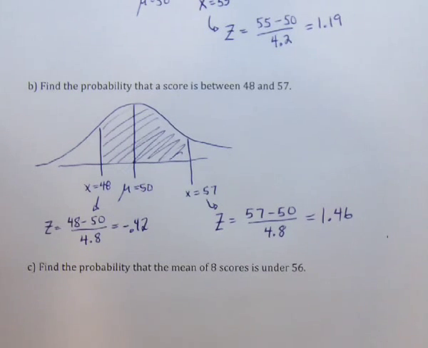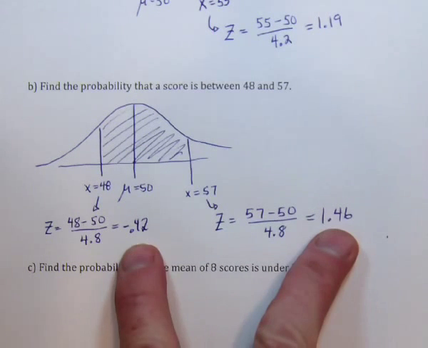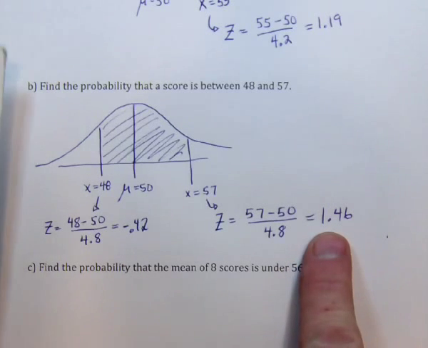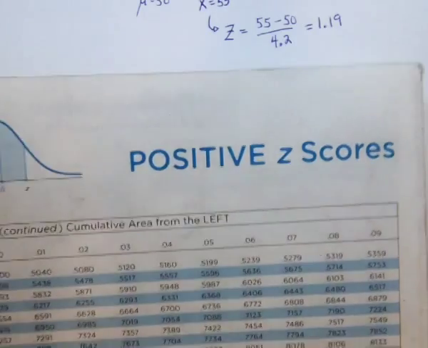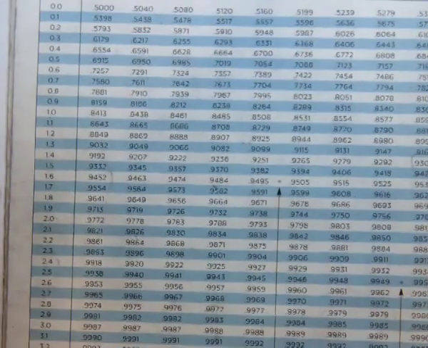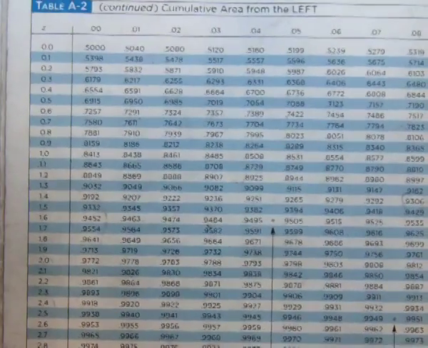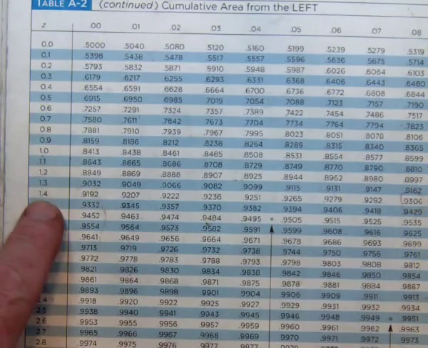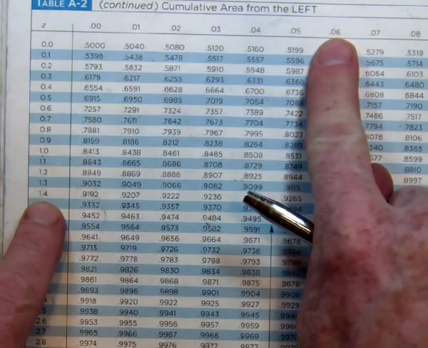Now it's time for us to look up these two values in Table A2. So I'll look up the 1.46 on this positive chart. So it's going to go like this. 1.4 is here, then the last decimal place is 6.